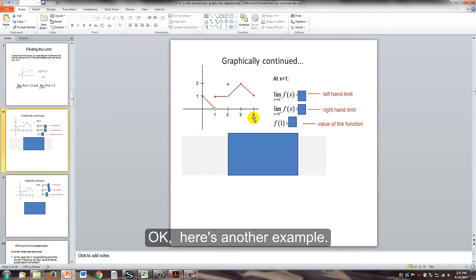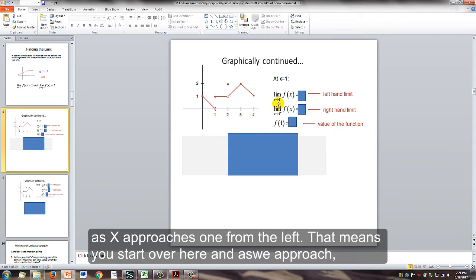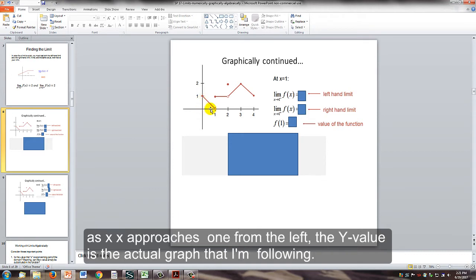Okay, here's another example. So we're looking at x equals 1 to start, and this is the limit of this function as x approaches 1 from the left. That means you start over here, and as x approaches 1 from the left, the y value is the actual graph that I'm following.